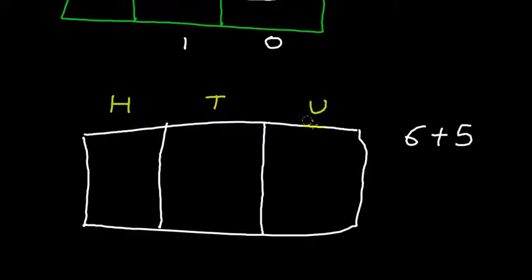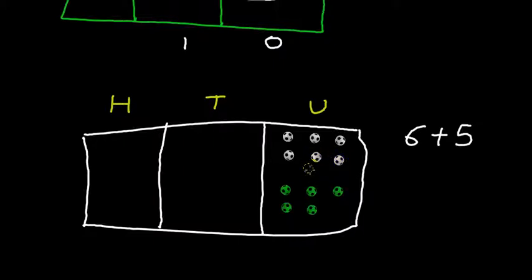Let's represent it in the unit column. 6 balls: 1, 2, 3, 4, 5, 6. Okay, the remaining 5 balls: 1, 2, 3, 4, 5. Let's count the whole of the balls. 1, 2, 3, 4, 5, 6, 7, 8, 9, 10, 11.